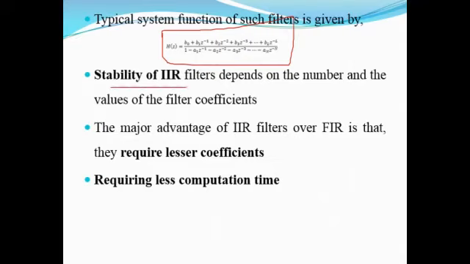The stability of an IIR filter depends on the number and values of the filter coefficients. The major advantage of IIR filters is that they require fewer coefficients. If the number of coefficients used in the design is very small, then the computing time will be very small.